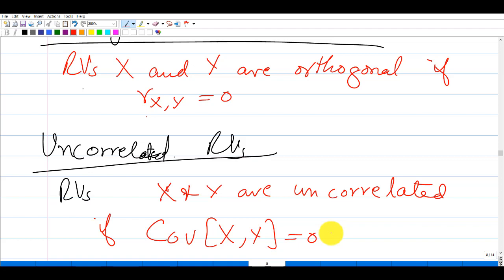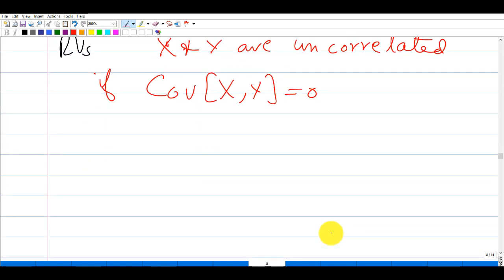So here we have some more properties, which are defined in theorem 5.17.